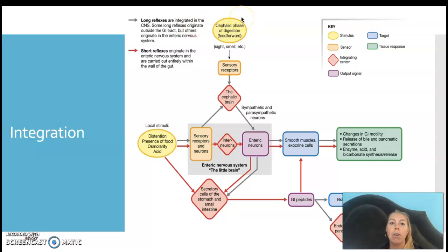So that is a long reflex. It's integrated within the central nervous system. Some of these originate outside the GI tract, like the feed-forward reflex of seeing or smelling food.